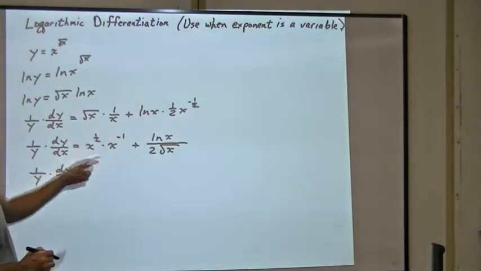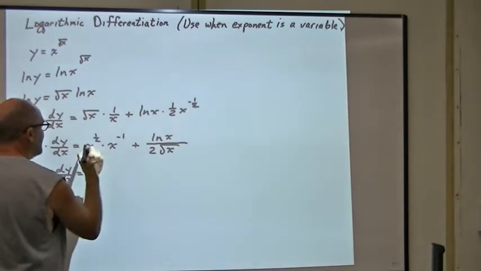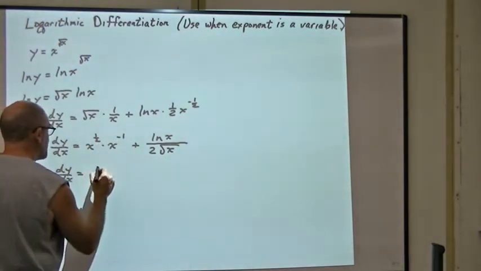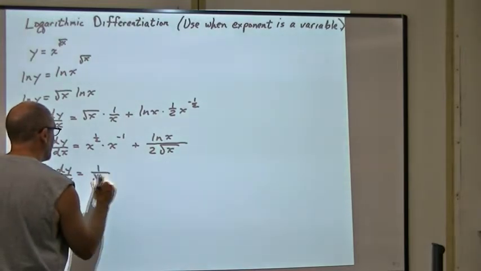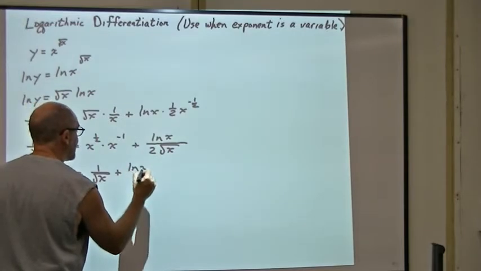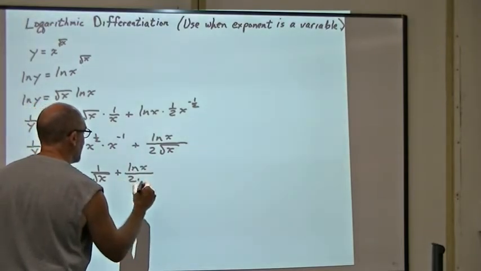equals, add the exponents, you get -1/2. So we get x to the -1/2, which is 1 over square root of x, plus natural log x over 2 square root of x.